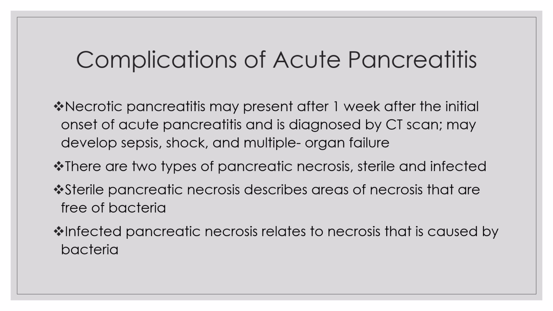There are 2 types of pancreatic necrosis: sterile and infected. Sterile pancreatic necrosis describes areas of necrosis that are free of bacteria, so it only stands to reason that infected pancreatic necrosis will relate to necrosis that is caused by a bacteria.